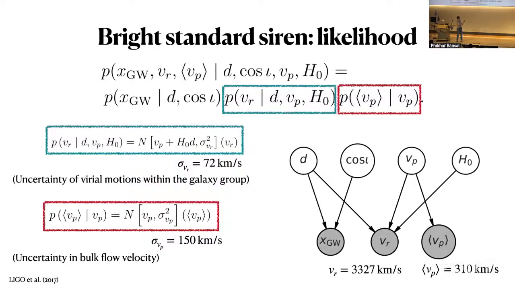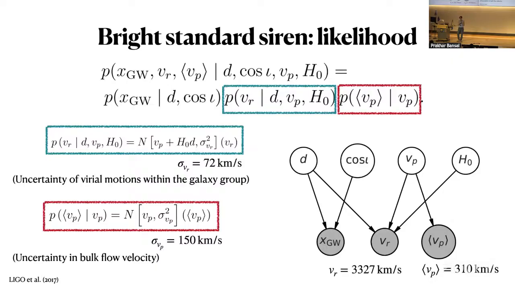And it's actually pretty large. Our estimate of the recessional velocity of the system from the 2MASS survey is around 3,300 kilometers per second, and the estimate of the mean peculiar velocity in that neighborhood is 310 kilometers per second, which is a pretty large peculiar velocity.